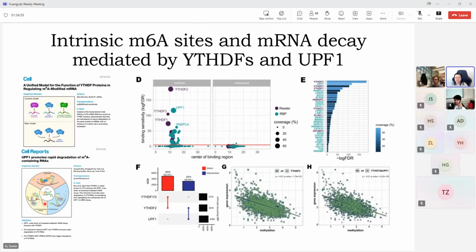This recent publication shows that UPF1 needs YTHDF2-initiated M6A-mediated degradation. I forgot the exact cellular location of UPF1, but they experimentally proved that UPF1 requires DF2 to degrade the methylated transcript. So maybe UPF1 can function in other cellular locations too. I can double check the paper. Double check that paper and see how they address this issue, right? Okay.